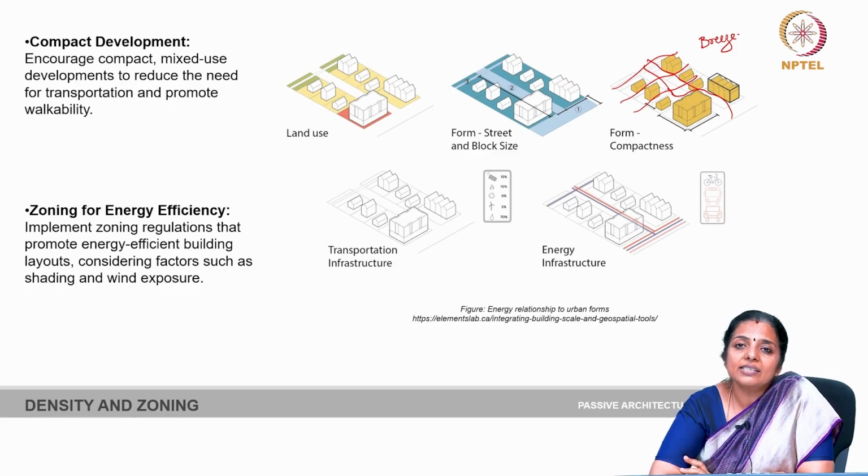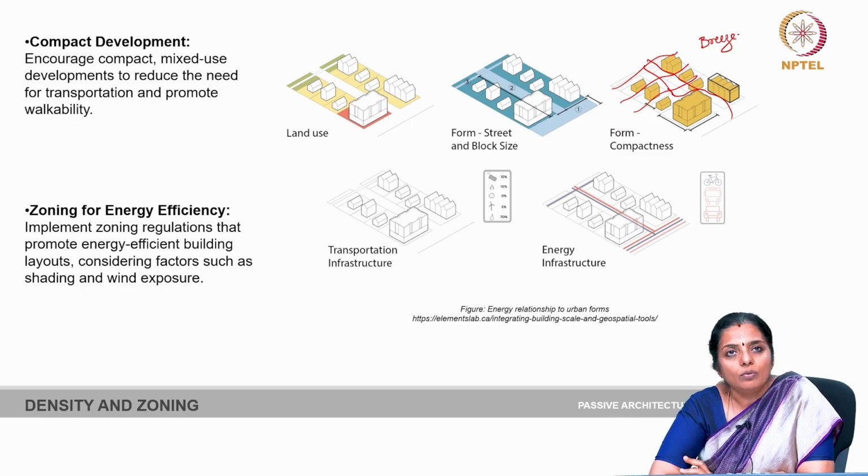Besides, amenities must be placed in such a way that people do not have to walk for long hours to reach for basics. So, basic amenity must be within walkable distance. These are the things one must take care of during planning.